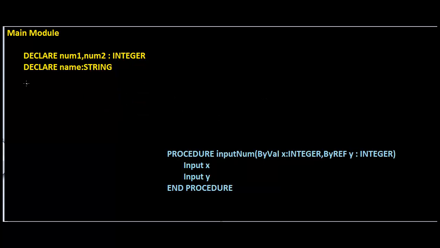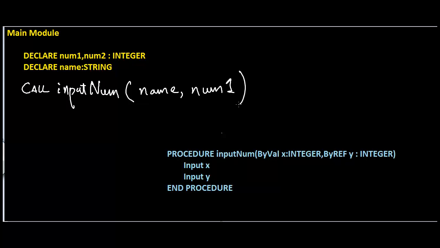Okay, so how about this call? If I say call input num and I pass two parameters, so I'm going to pass name and I'm going to pass num1. Is this going to be accepted by the compiler? Well, one thing we are doing here is that we are passing two parameters and this is expecting two parameters, right? But in the definition it says that the first parameter must have what data type?